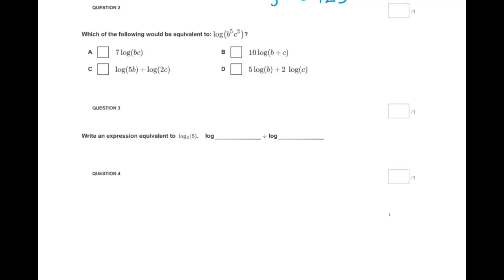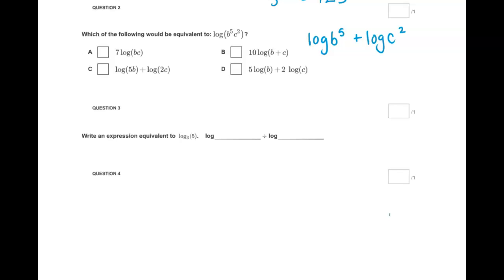For the second question, we are expanding in this case, or actually really we're looking for what's equivalent, but typically that means we're going to be expanding. We have two terms being multiplied, so we can add them when we expand. So we have log of b to the 5th plus log of c squared. Is that anywhere?